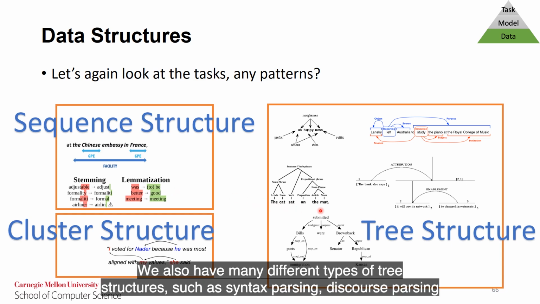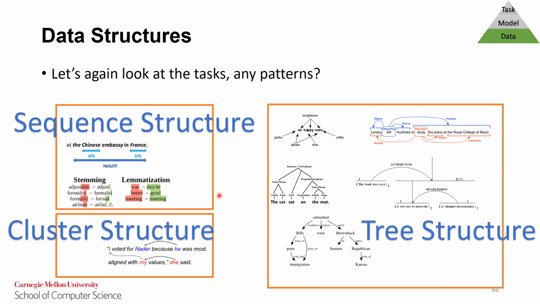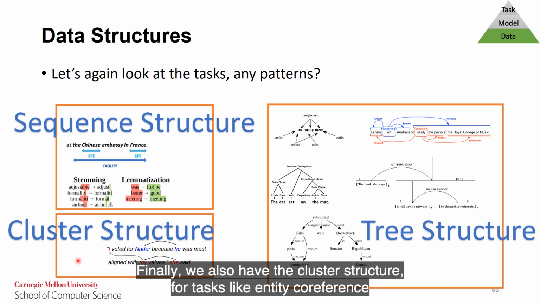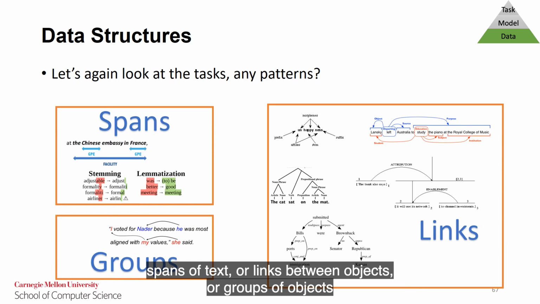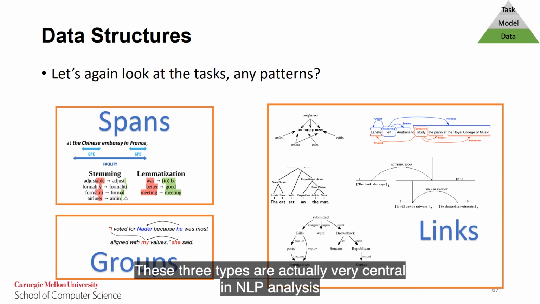We can also have many different types of tree structures, such as syntax parsing or discourse parsing. Finally, we also have the cluster structure for tasks like entity coreference. To put it in a simple way, the structures are basically spans of text, or links between objects, or groups of objects. These three types are actually very central in NLP analysis.